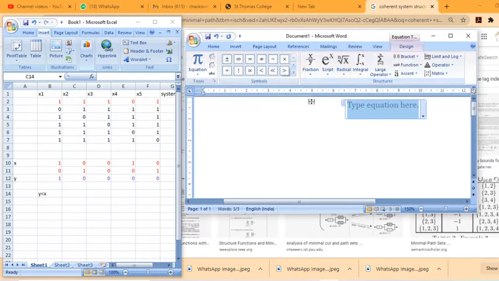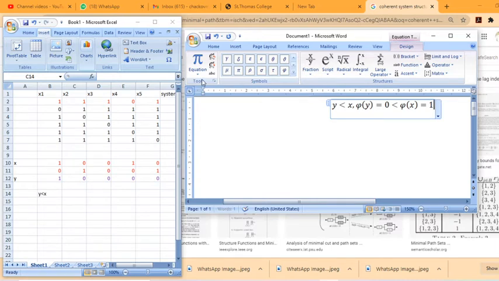That means when y is less than x, then phi of y is less than phi of x, because in this example this is 0 and this is 1.